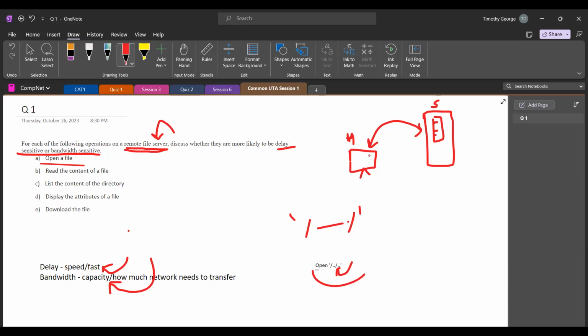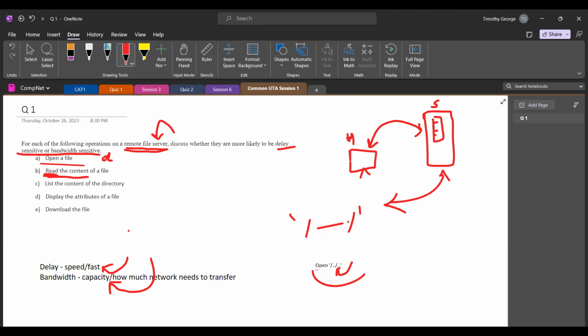So you don't need a heavy capacity network. What you do need is speed. You need this message to get through to the server, and you need to be able to view whatever it is. So simply put, this is delay sensitive. Okay. Reading the contents of the file. Reading.